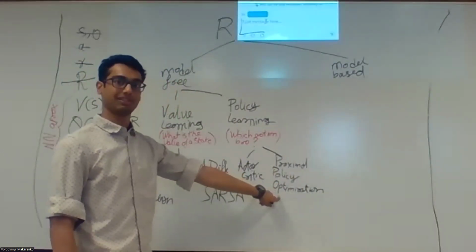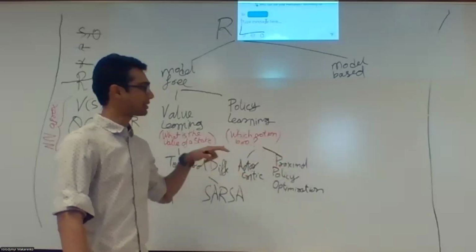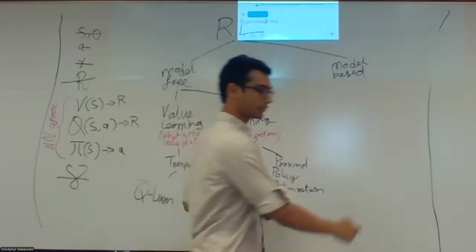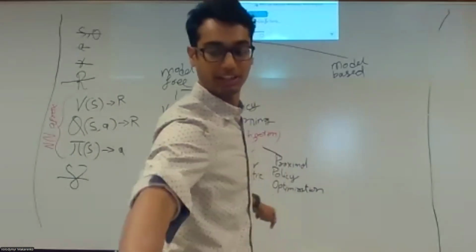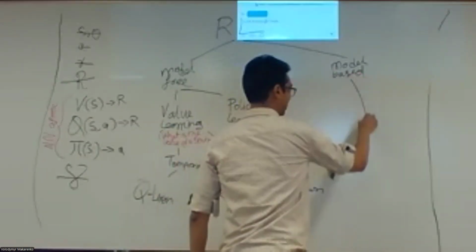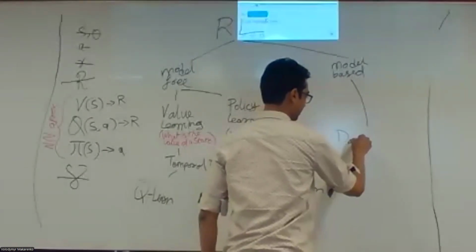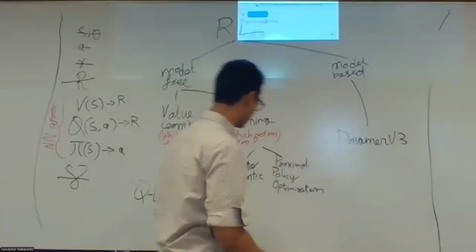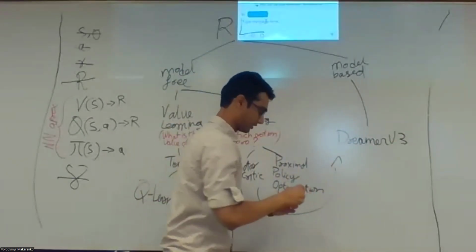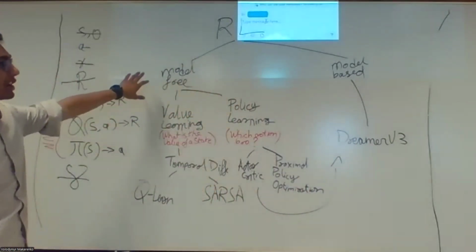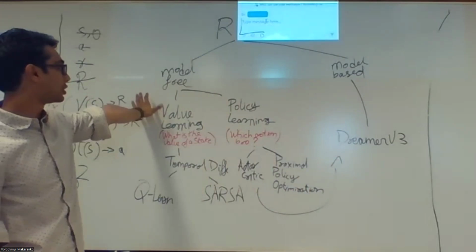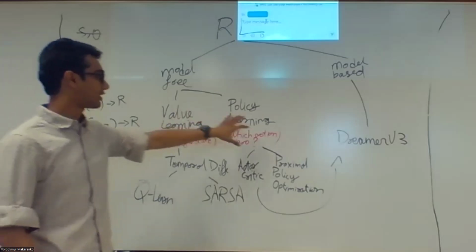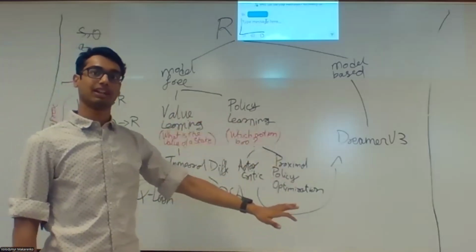These are two significant ones. There are a few more, but these are the ones I'm interested in and will talk about in the future. And the reason I'm including model-based is that eventually I want to talk about Dreamer V3, which also has an element of actor-critic in it. So this is the general map of RL I'm going to be discussing, and in the future, when I come up with examples, I'm going to use these as reference points to each other.